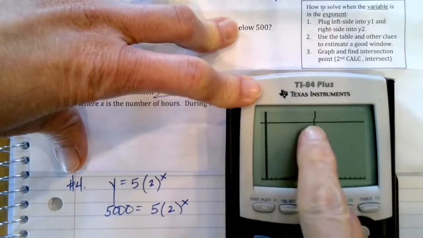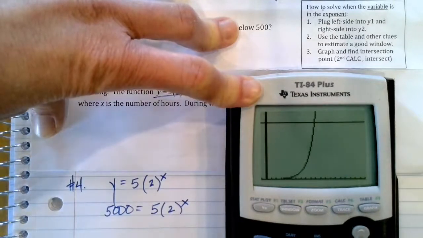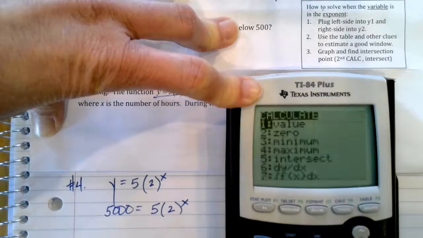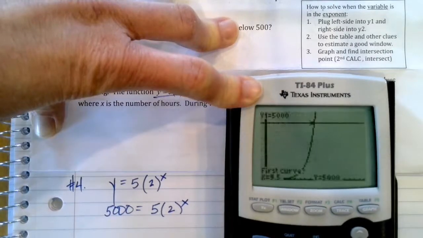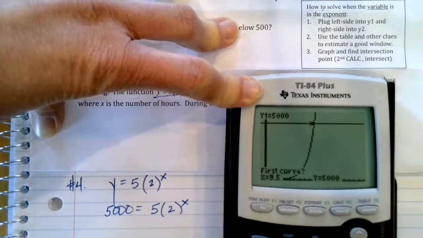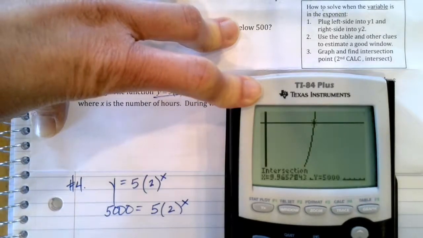So here is what I want to know, that intersection point. Second calc. I'm looking for intersect. My first curve, yep. My second curve, yep. Not going to guess.